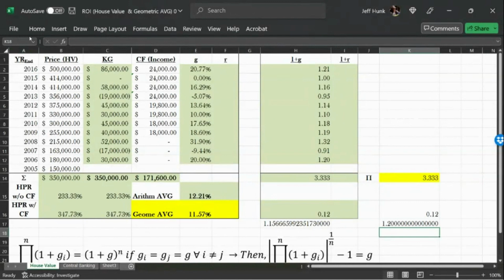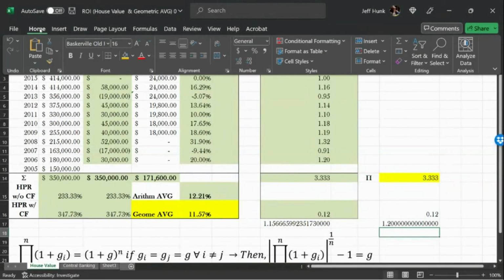So you have to be mindful of this. Do not let Excel automatically round it up to an integer. You must keep at least two to three decimal places, right?